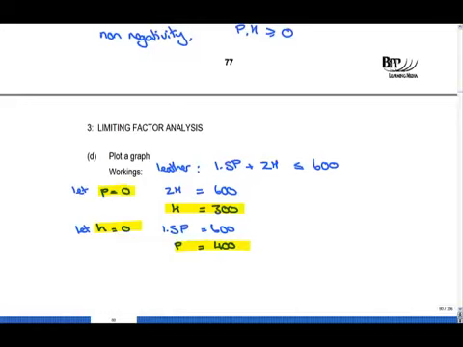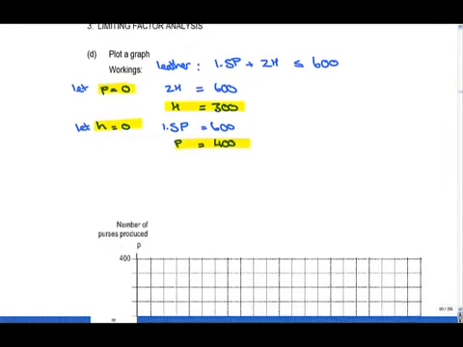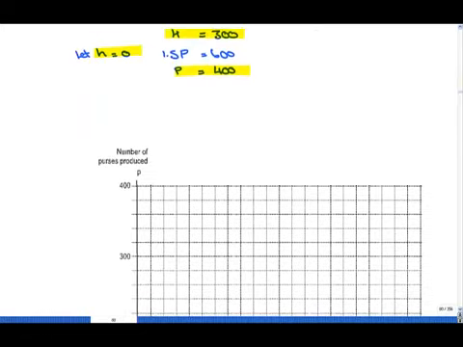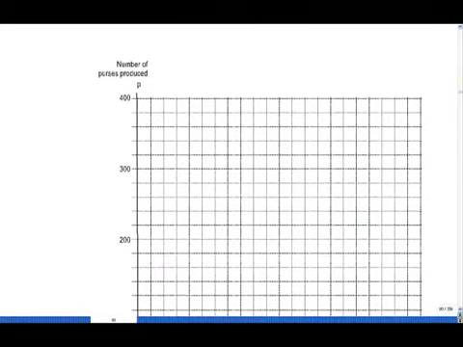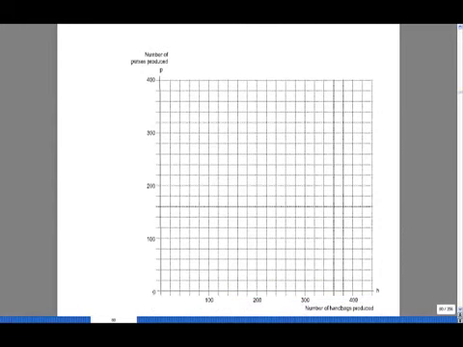Okay, so let's have a go at plotting that. So when P is nothing, handbags are going to be 300, and when handbags are nothing, purses are going to be 400. Okay, so 0, 300, 0, 400.